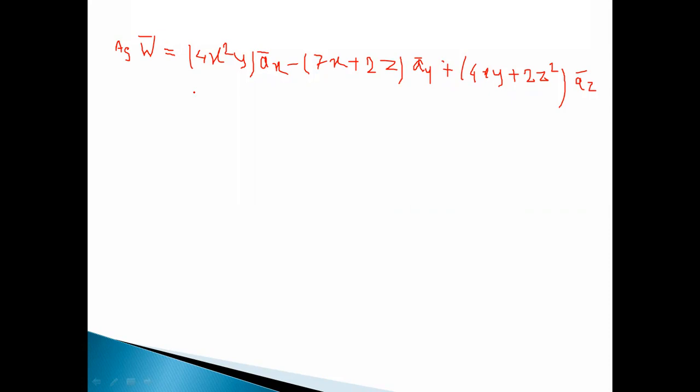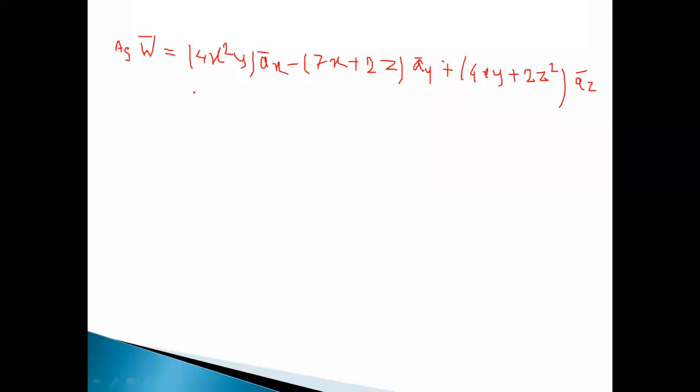Calculate the magnitude of W bar at point P of 2, minus 3, 4. Bracket complete.